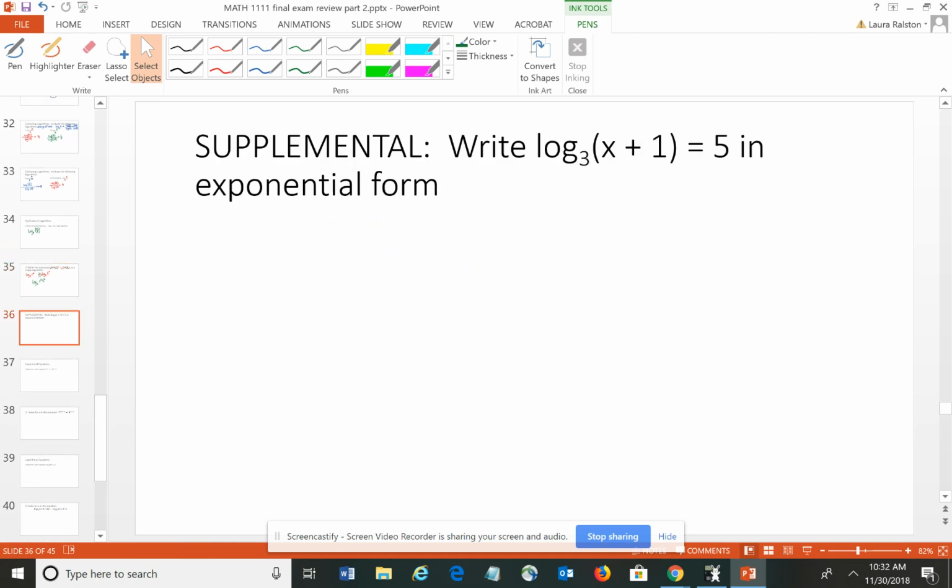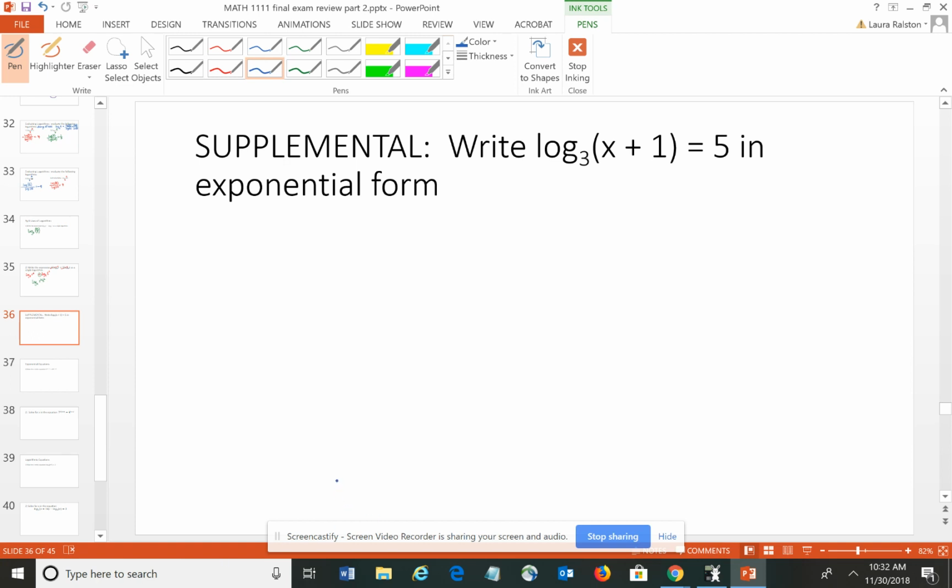And then one more supplemental question. It says write log base 3 of x plus 1 equals 5 in exponential form. So they want you to convert from the logarithmic form to the exponential form.